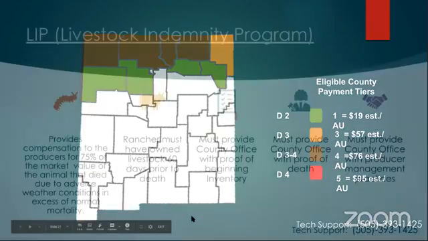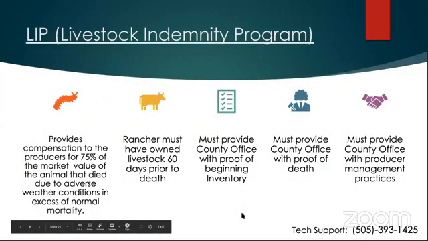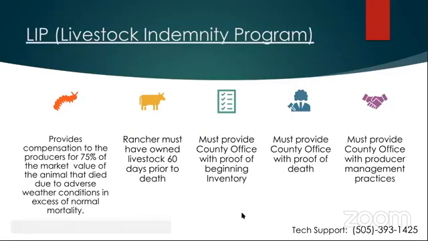All right, let's go to the next slide. So the Livestock Indemnity Program, this one, you know, sometimes we see a lot of it, sometimes we don't, but it provides compensation to the producer for 75% of the market value of the animal that died due to adverse weather conditions in excess of normal mortality.